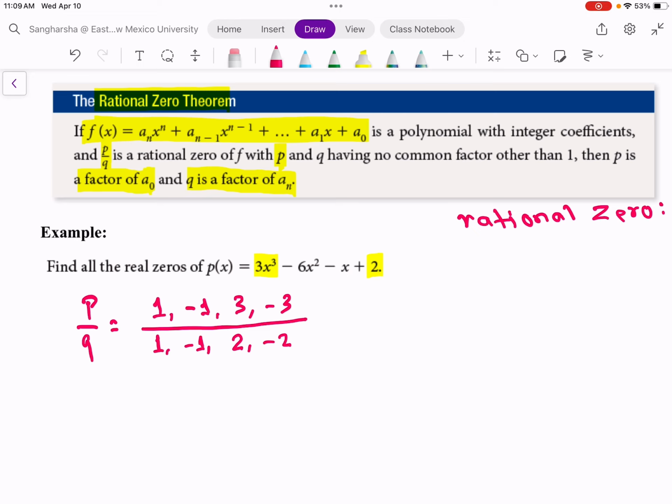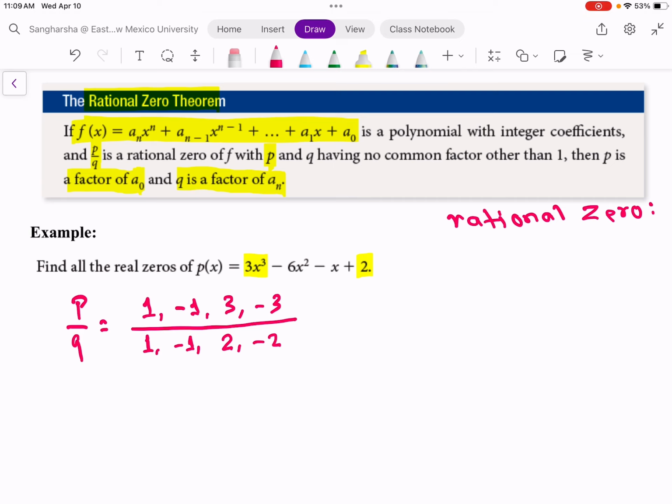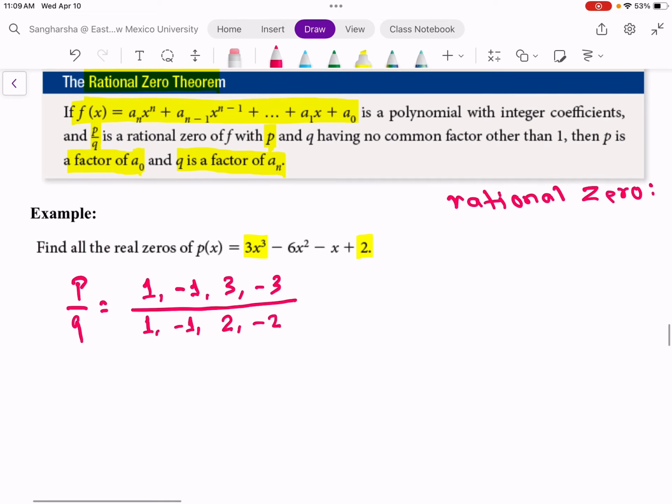Now we have 4 options for p and 4 options for q. From these options we find our p over q. Let's take 1 for p and 1 for q. What is p over q equal to? 1, right?